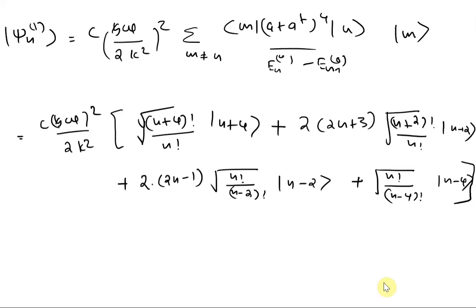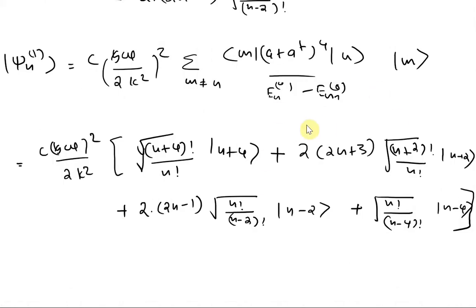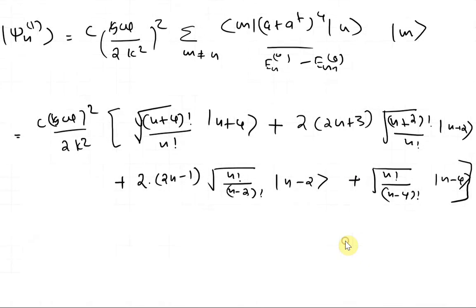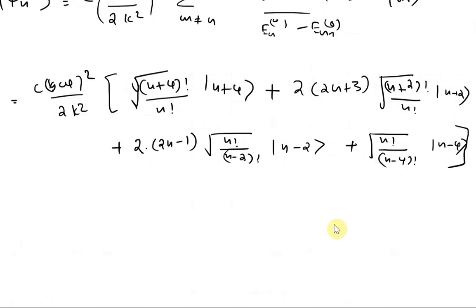Along with that we didn't put the energy value here, we have to put the energy. So between energy levels, the first term corresponds to n plus 4 and n is equal to 0 kind of. So what is the energy difference between those two states? En0 is equal to n plus half h cross omega.